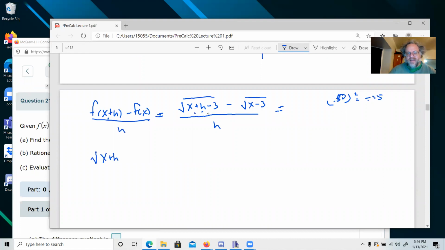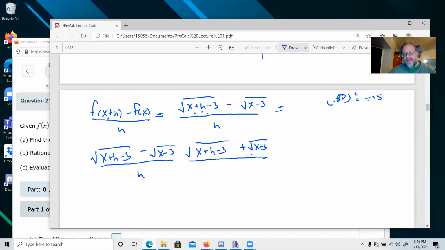So we have the square root of x plus h minus 3, minus the square root of x minus 3, divided by h. The plan is we're going to multiply by 1. We're going to multiply by something called the conjugate. What that does for us is get rid of these square roots. We're still going to have some square roots to deal with.